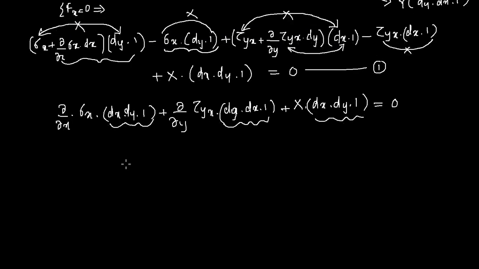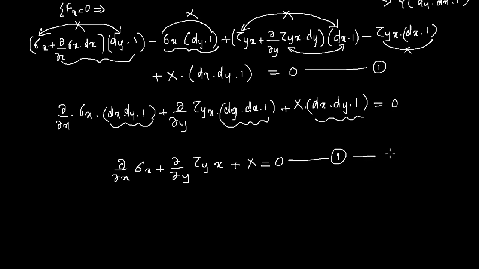So you have ∂ by ∂x of sigma x plus ∂ by ∂y of tau yx plus x is equal to 0, which is the two-dimensional case of our differential equation for force equilibrium along the x direction.